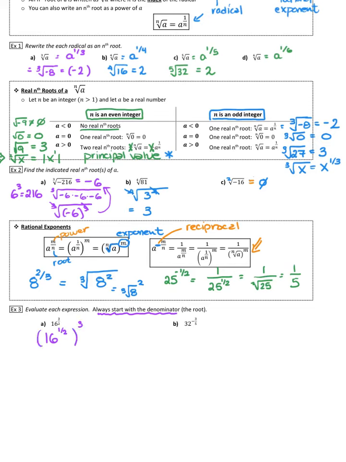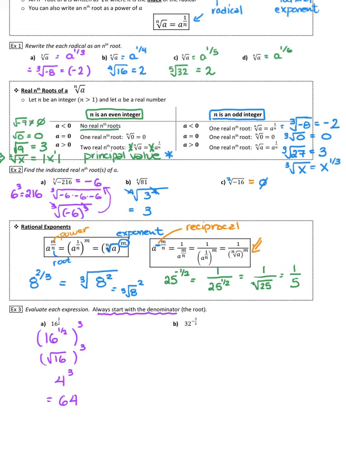Well, 16 to the 1/2, remember, is taking the square root of 16 and then cubing it. So this is going to give me 4 cubed, which is 64. All right, and again, you can use your root chart if you're not up on what 4 cubed would be, but doing the process, we don't want you just to plug the number into a calculator.